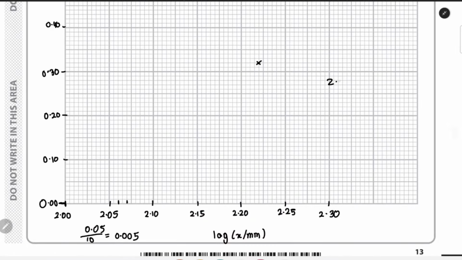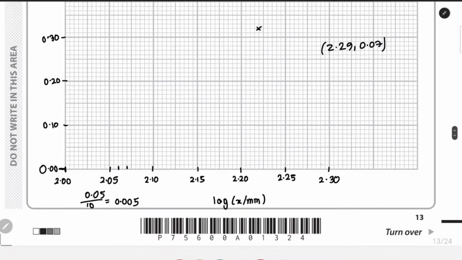And our last set of values is 2.29, 0.07. This is 2.29, and 0.07 is this: this is 9, 8 and this is 7.